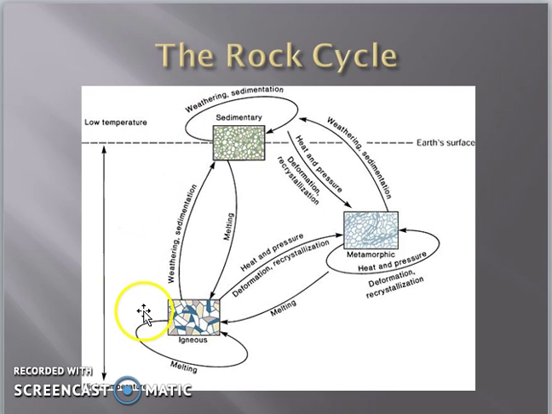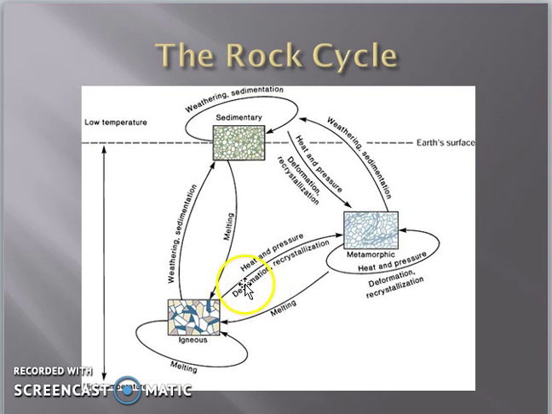A couple things to note here. This is a simplified cross-section, looking down into the lower layers of the Earth structure, and notice that we have high temperature at the bottom and low temperature at top. If we start down here with the bottom, we have igneous rocks, which is basically made out of magma, which is melted. So you can see, as described here, the rock down here starts to melt.